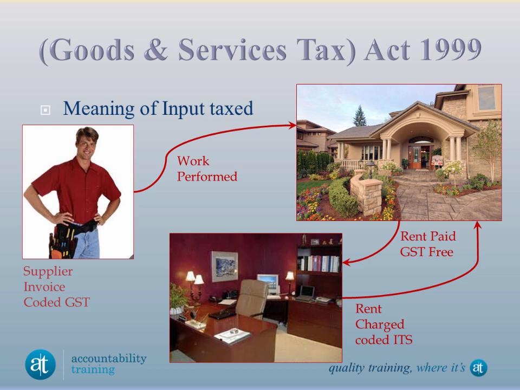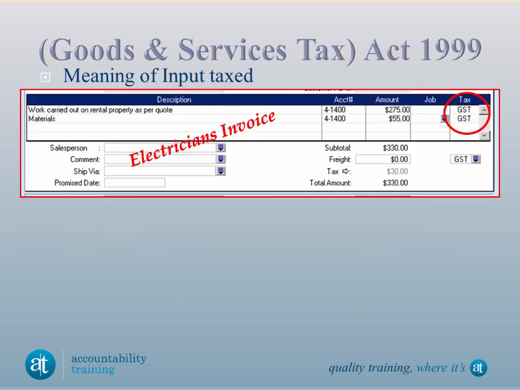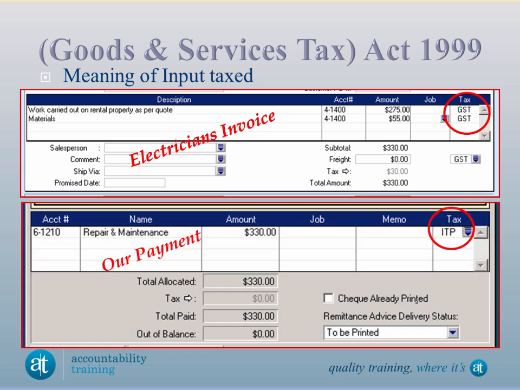However, I will code this invoice ITP, which is a 0% tax code, so no tax is claimed on this purchase. The electrician's invoice will look like this one at the top. And assuming we pay on a cash rather than credit basis, the entry that I make into my accounts will look like this at the bottom.